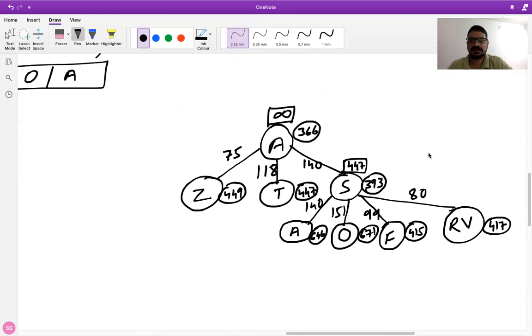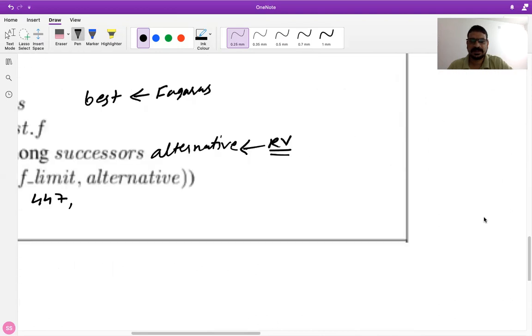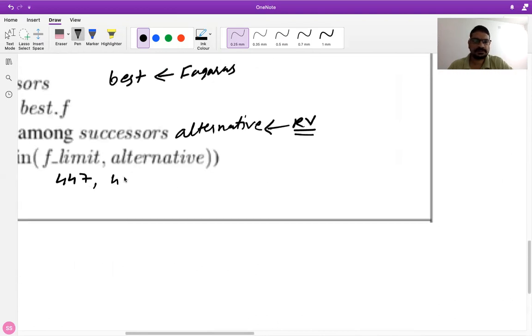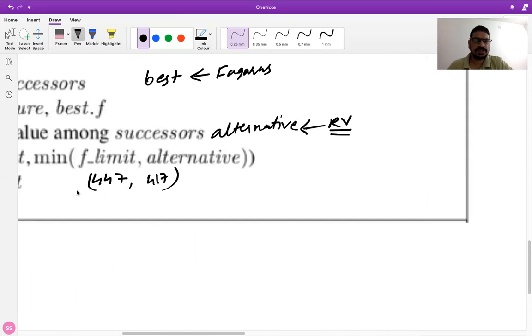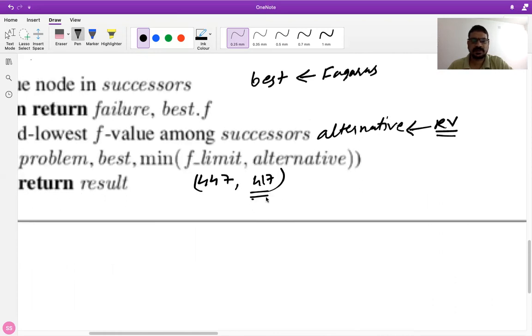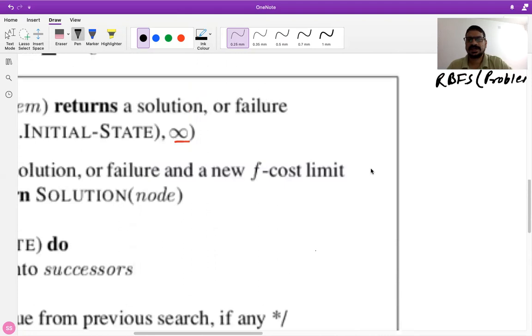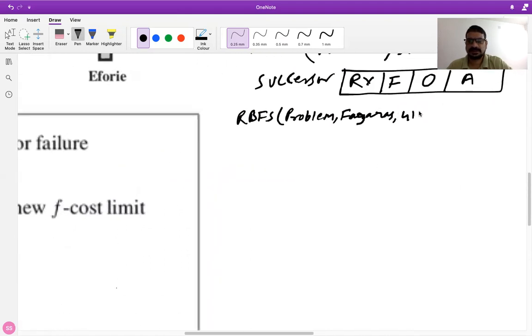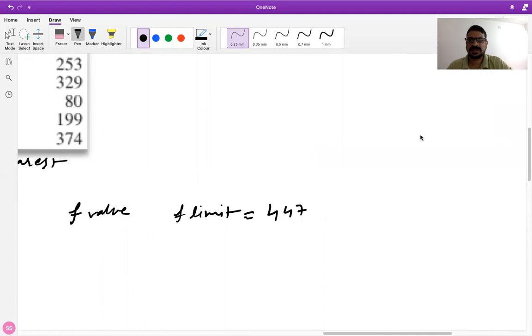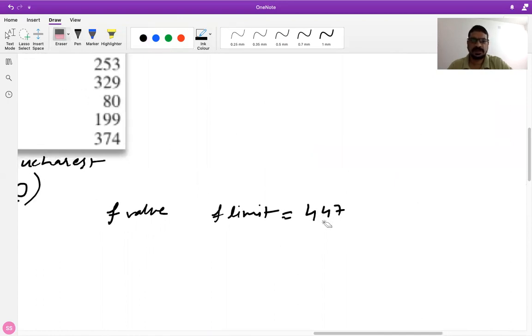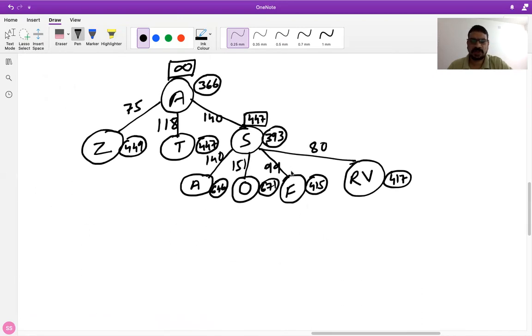What is the F limit here for RV? It is 470. Which is minimum? 417 is minimum, so 417 will be taken as the F limit. Now I'll change this F limit to 417, and this 417 belongs to Fagaras. Right? Done.